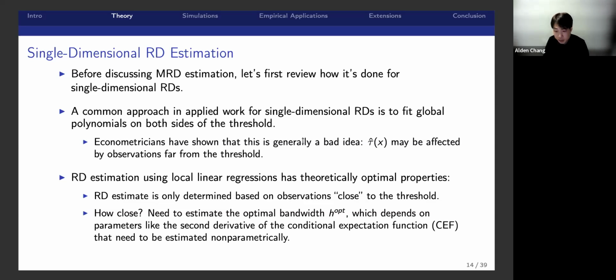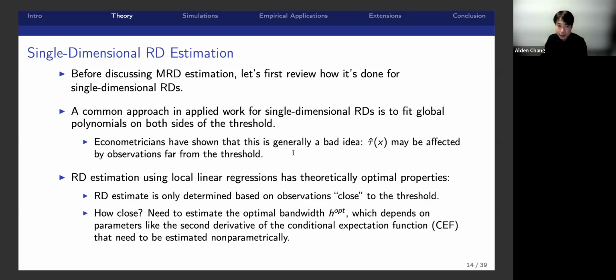This is especially the case if you use a high order polynomial, because these polynomials tend to be quite wiggly and have so-called waggy tails. So the estimates at the boundary may be quite sensitive to observations that are far away from that point. That's not what we want in RD estimates, because we are only interested in observations very close to the threshold.